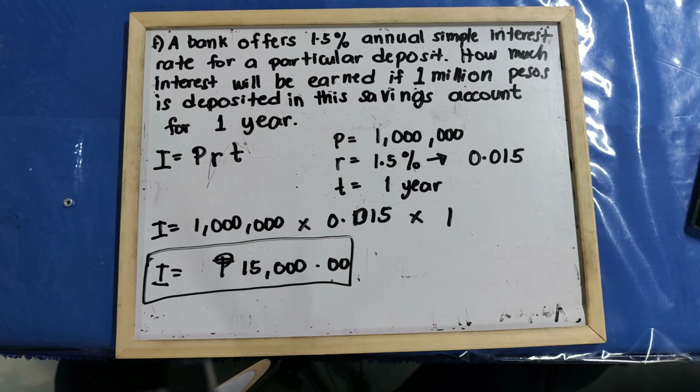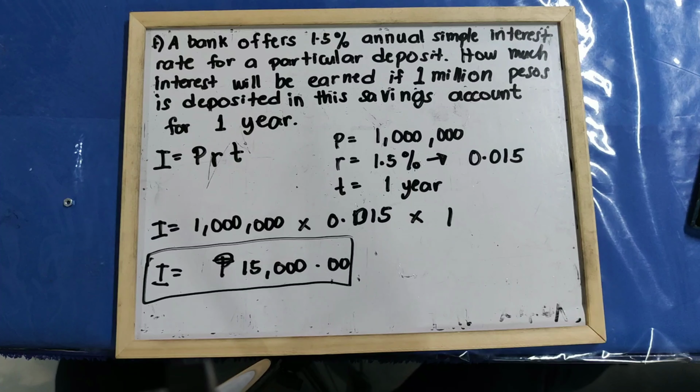So in this problem, the depositor deposits 1 million pesos. Meaning, he or she is investing 1 million pesos. So after 1 year, he is earning 15,000 pesos. So see, did you see the logic? Did you see the essence, the importance of investing?